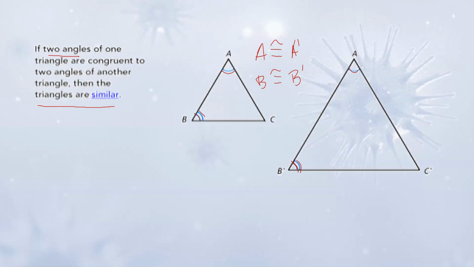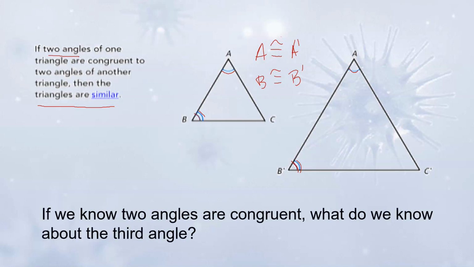But we just talked about the fact that similar triangles have three congruent angles, that all of the angles are the same for similar triangles. So if we know that two are congruent, why do we not have to prove that the third one is congruent as well? Well, this comes back to the fact that all triangles add up to be 180 degrees.